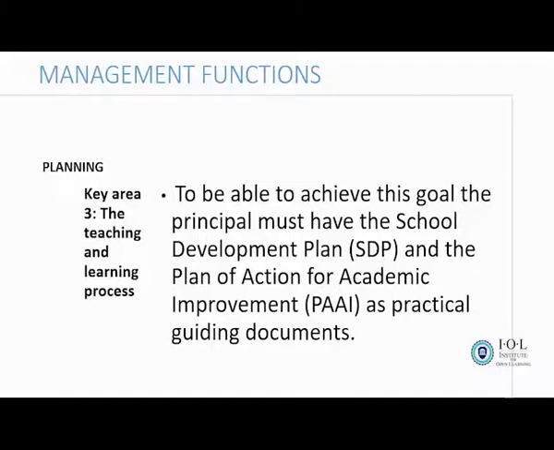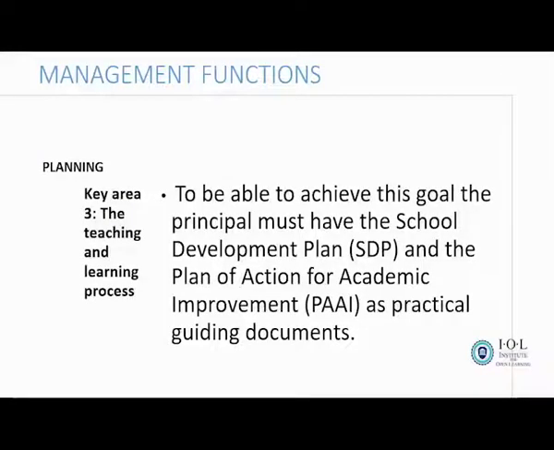That is actually the master plan of each and every school. And the plan of action for academic improvement, or PAI, this one is specifically targeting academic improvement. So those are the main plans that you can look at, especially when you talk about the teaching and learning processes. It can be planned by using these two instruments.